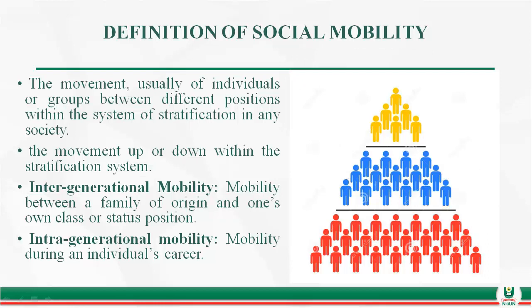Now within social mobility, you have two types. It could be intergenerational mobility or intragenerational mobility. Intergenerational mobility simply means movement between a family of origin and one's own class or status. It could be movement from here to here, within a family of origin. For instance, a boy who was born as a prince and in some time becomes a king, that's intergenerational mobility.